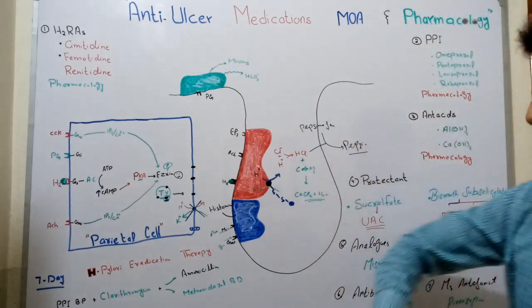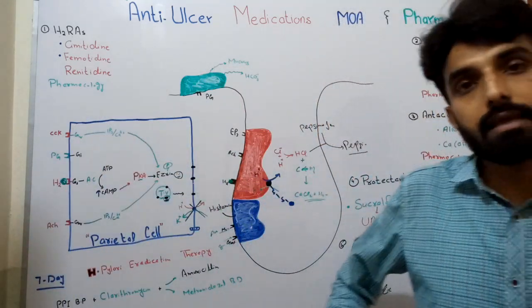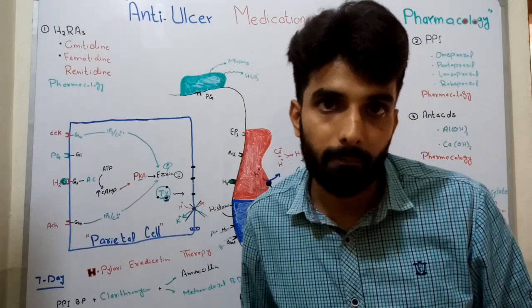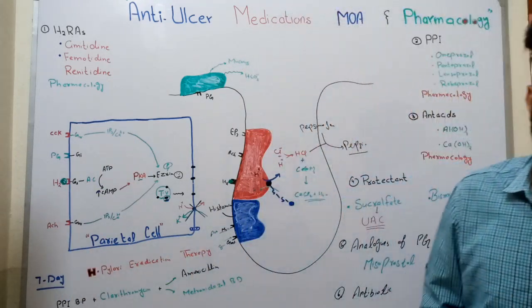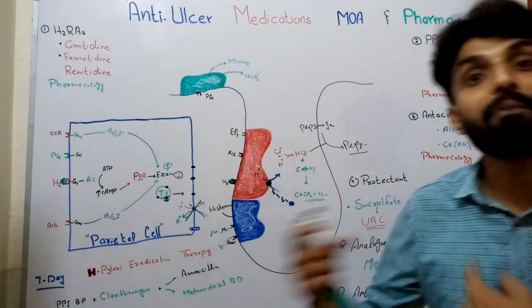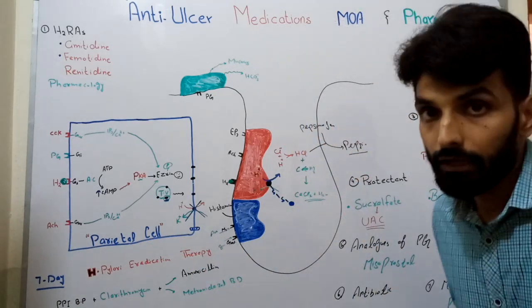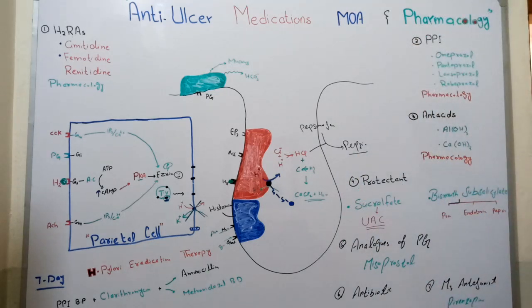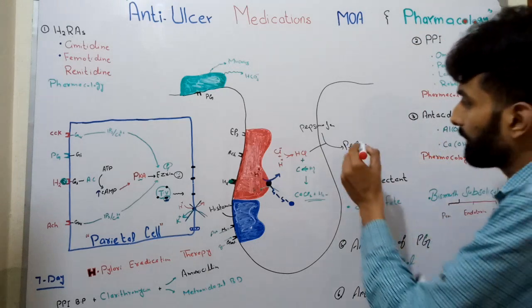And when the amount of pepsin increases, it will start digesting our cells' protein as well, our GIT cells' protein, our stomach cells' protein. So this pepsin will start damaging the epithelial cells of the GIT.